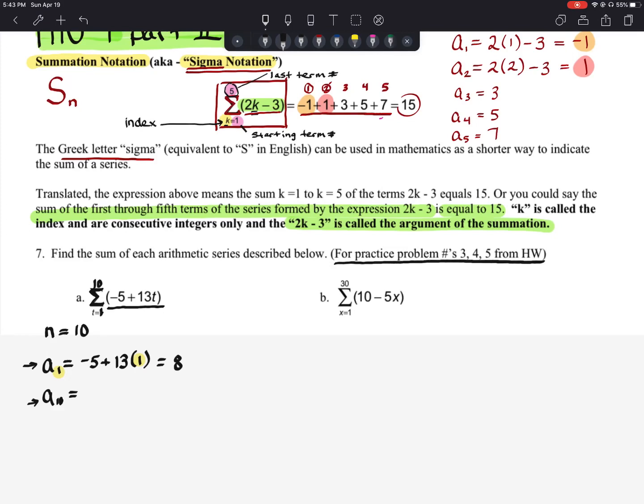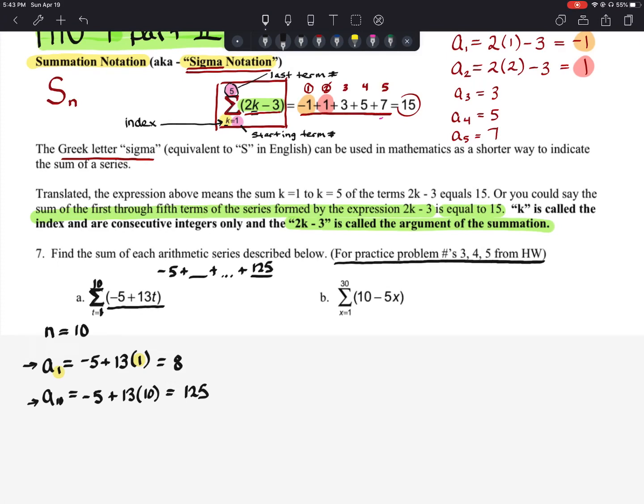Our 10th term, we're going to plug in our 10. We have negative 5 plus 13 times 10. 13 times 10 is 130, minus 5 is 125. So our series would go something like 8 plus something plus dot, dot, dot, all the way until we got to the end. That last term that we're dealing with is 125.